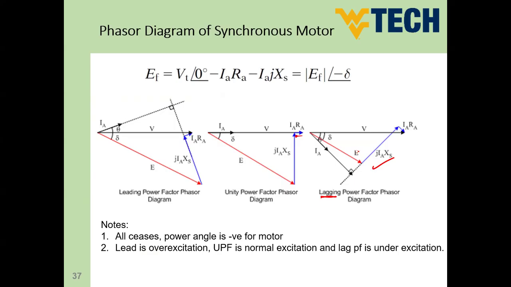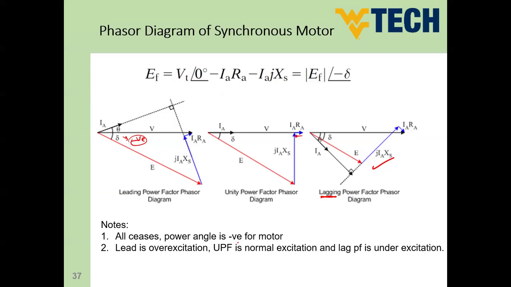What can we observe from the three phasor diagrams in the three different cases here? Our observation can be, for instance, if you have a look at the power angle delta, you will find that the power angle is negative in the three cases. So this is the first observation here: in all cases the power angle is negative.